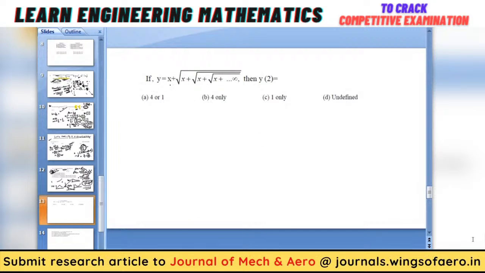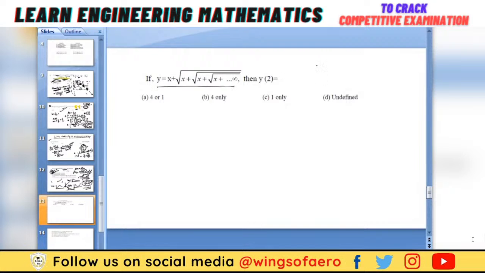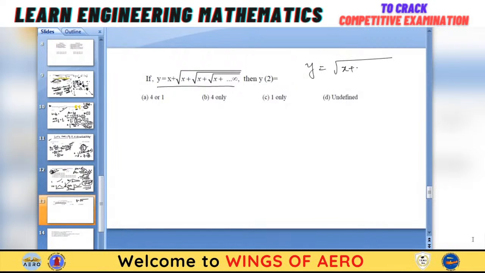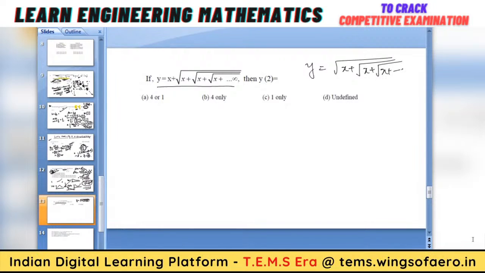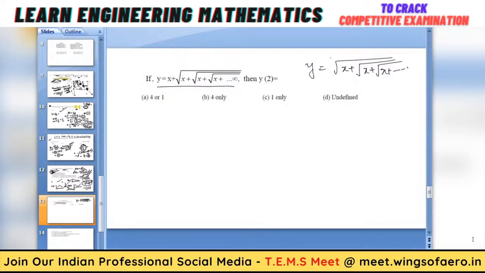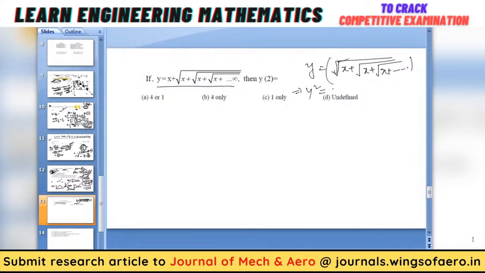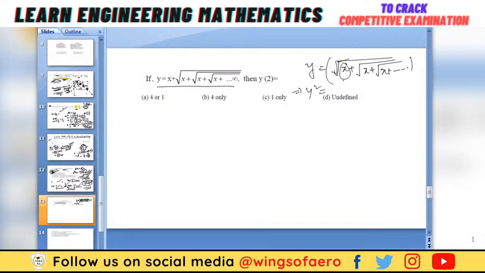First of all, whenever this kind of situation occurs, maybe the question is of this form: root over of x plus... Always, if the right hand side starts with this root, always square both sides.